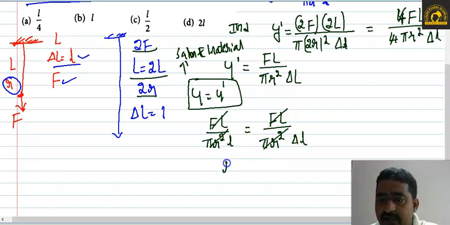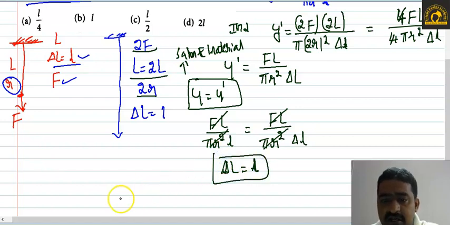Finally delta L is equal to the original length l.